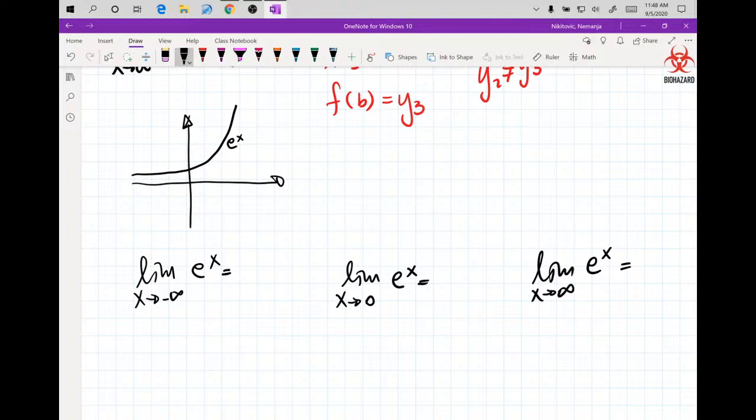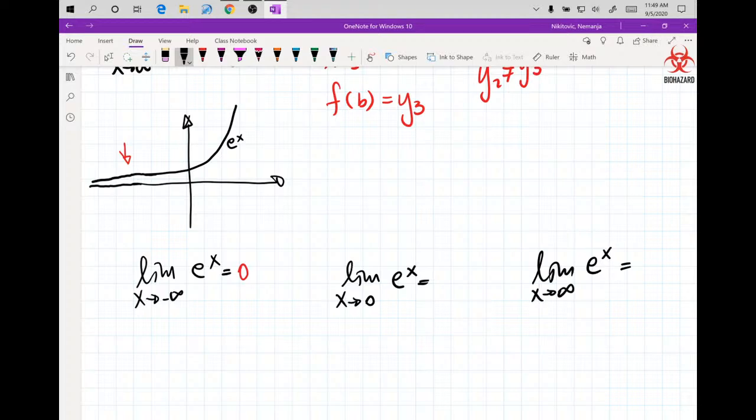So when you take a look at the first one, it is a one-sided limit where x goes to negative infinity, and the answer is 0. Because as x goes to negative infinity, the graph will keep falling towards the x-axis without touching and crossing it, getting closer and closer.